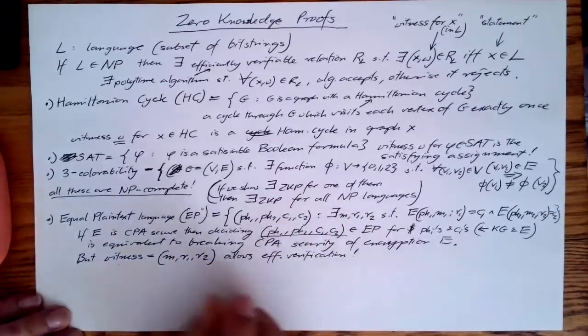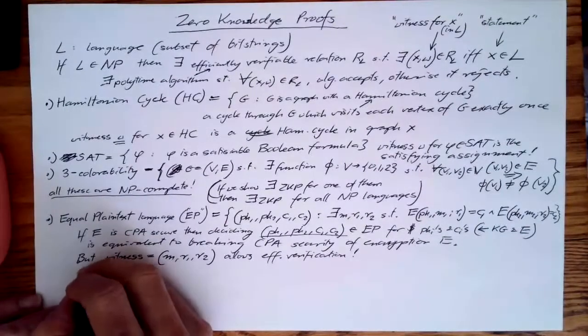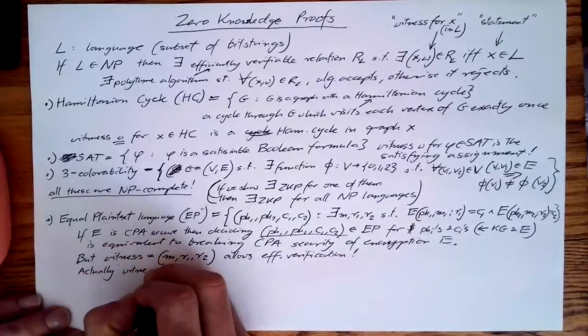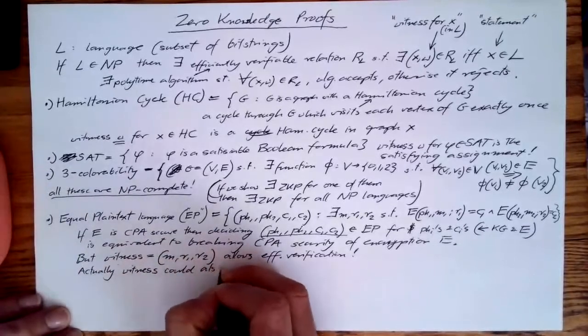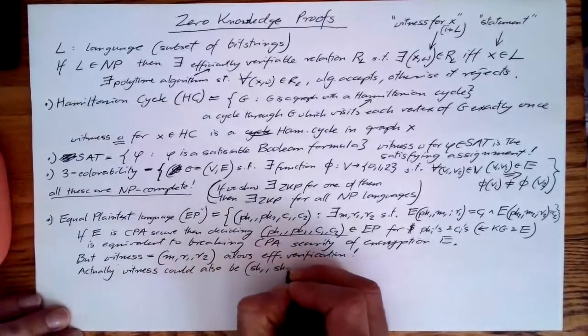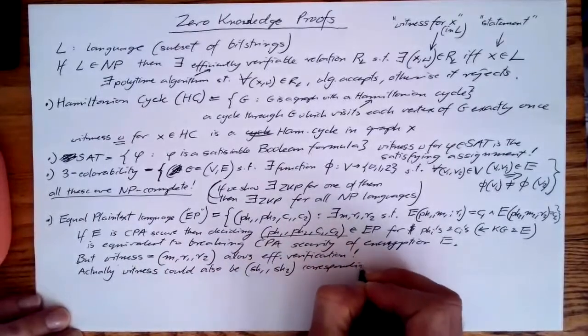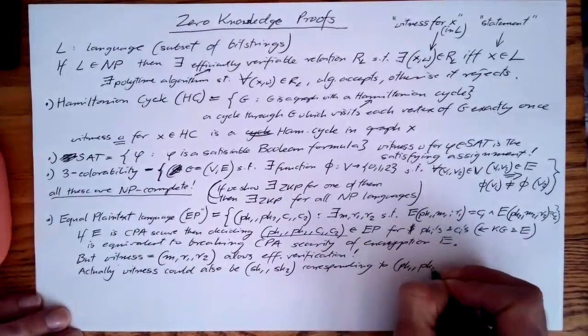Right? Because you can just recompute the encryption and check. Actually, the witness could also be a pair of secret keys corresponding to these PK1 and PK2.